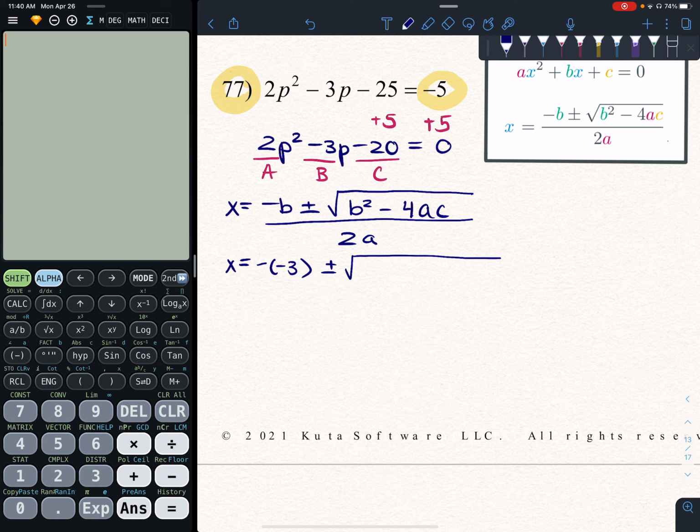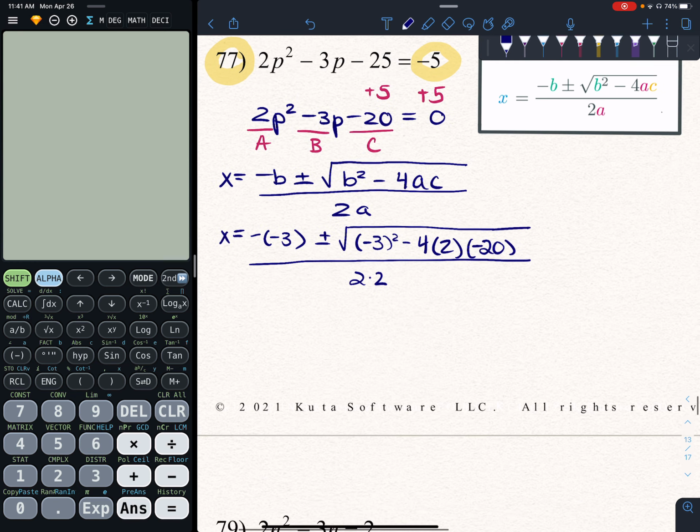I'm just showing all my steps. So here we have negative 3 squared, which will also simplify to a positive number afterwards. 4 times 2 times negative 20, all over 2 times 2. So we've got a lot going on here.